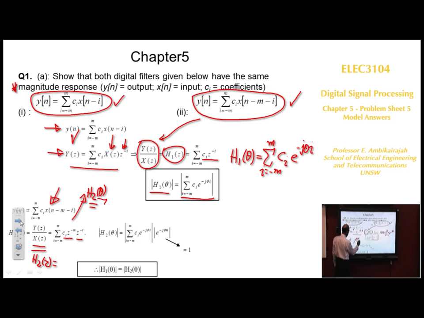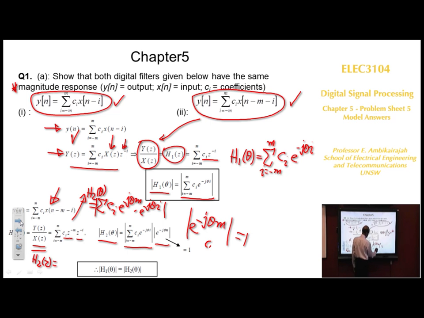You can just substitute here, Σ c_i will be there, and e^(-jθm) times e^(-jθi). So we take the modulus of that, and we separate the modulus into two separate moduli. For e^(-jθm), if you take the modulus, that's 1, because that's cos θm plus j sin θm, and the modulus of that is the square root of cos squared plus sin squared, which is 1.